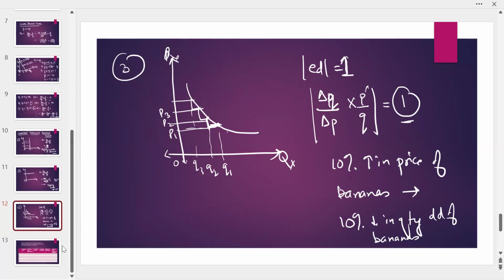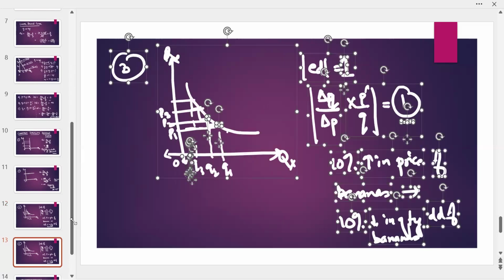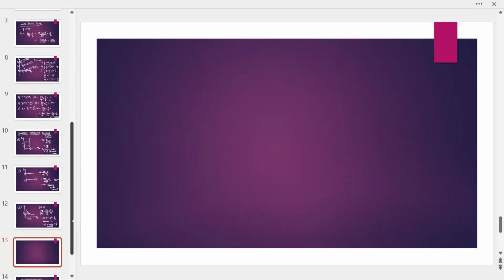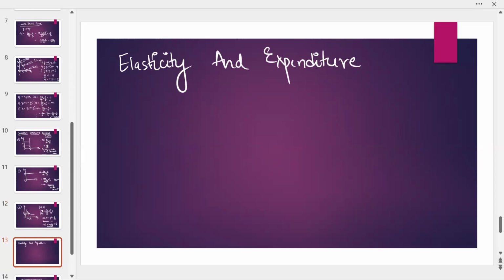Now, let's move forward and understand the relation between the elasticity and the expenditure. As you know, with the change in the price, there's a change in the quantity demanded.